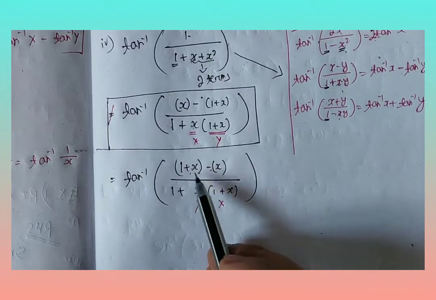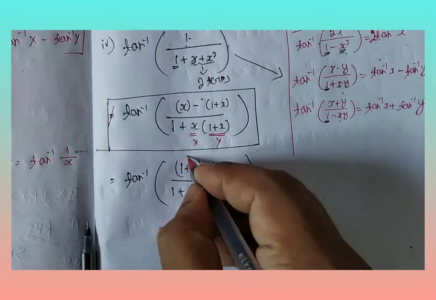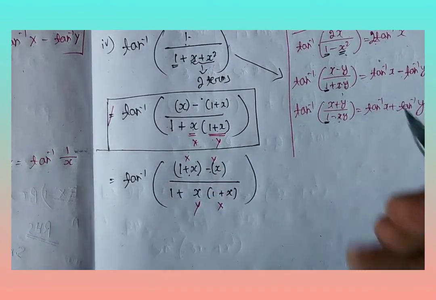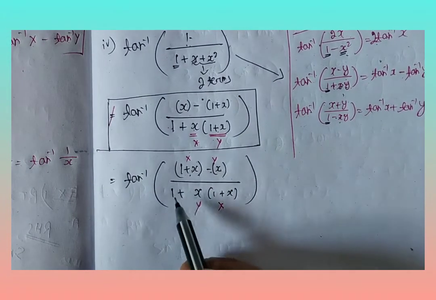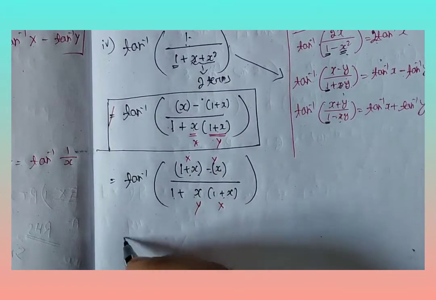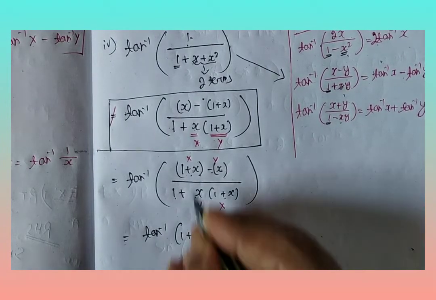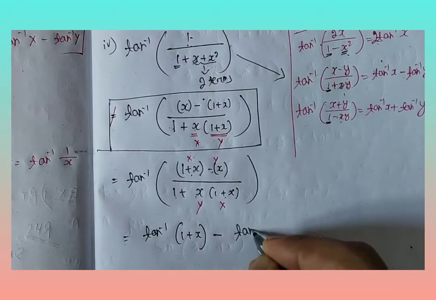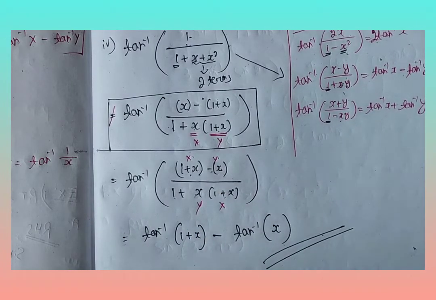If you simplify, you will get 1. Now put the formula of type 7, tan inverse of x minus y divided by 1 plus x into y. What is the formula? Tan inverse capital X minus tan inverse capital Y. This is equal to small x. This is the answer.